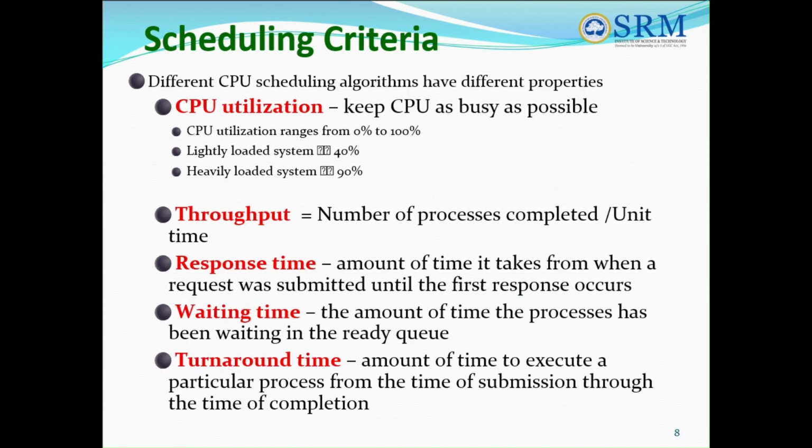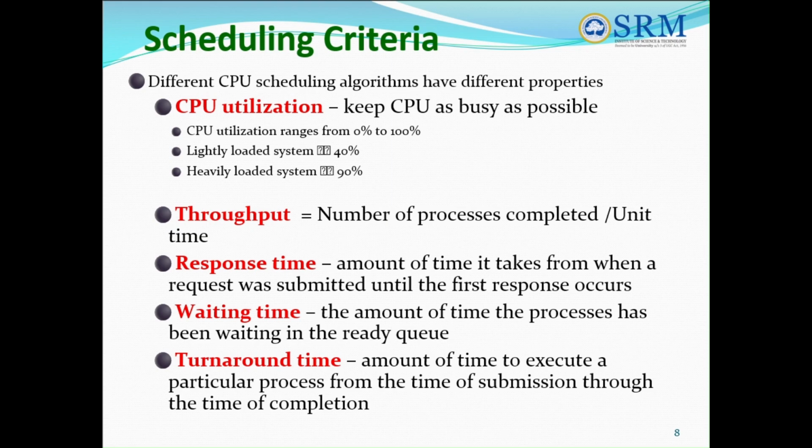These are the scheduling criteria: CPU utilization, throughput, response time, waiting time and turnaround time. CPU utilization is how long the CPU is utilized for the particular process. Throughput means the number of processes completed per unit of time. Response time is how long it needs to wait.